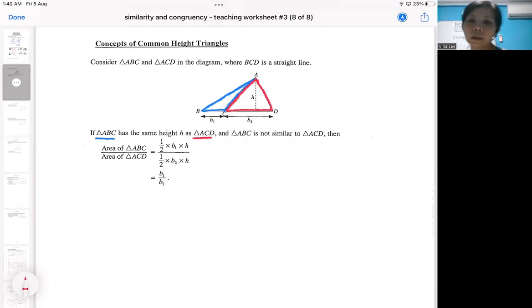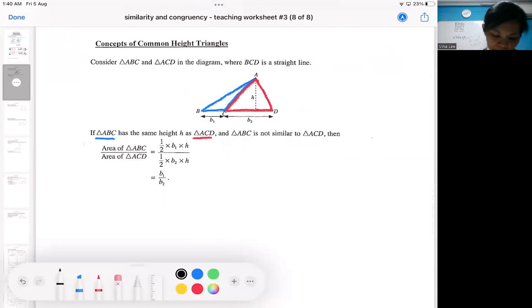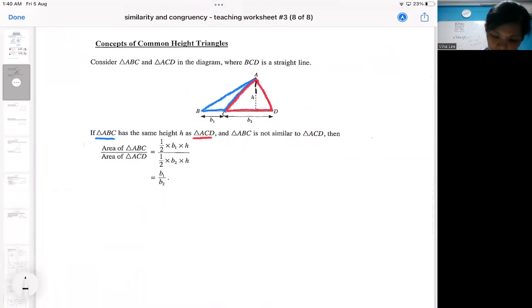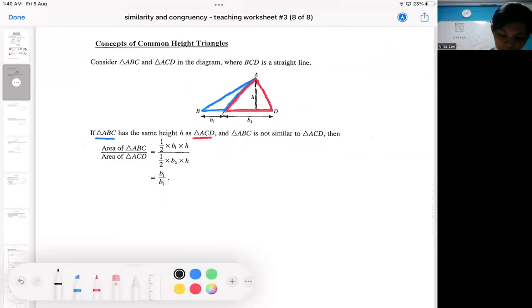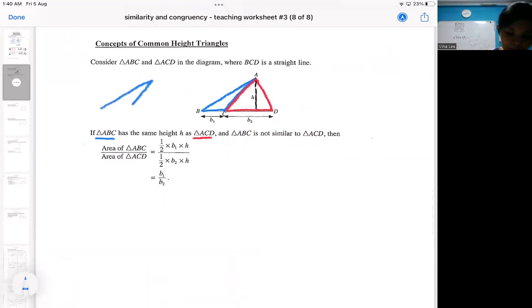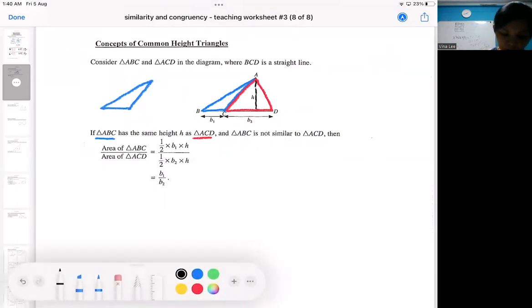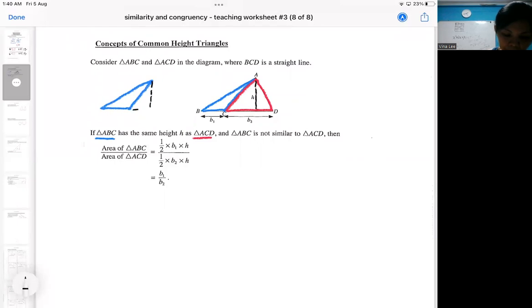If you try AA, it doesn't work. But they share a common height. You may be thinking, how does the blue triangle share a height? This blue triangle is the kind that you learn in primary school, where the height is outside the triangle, and this will be the base. I'm applying this idea on the blue triangle. The red triangle is very obvious. This is the height.